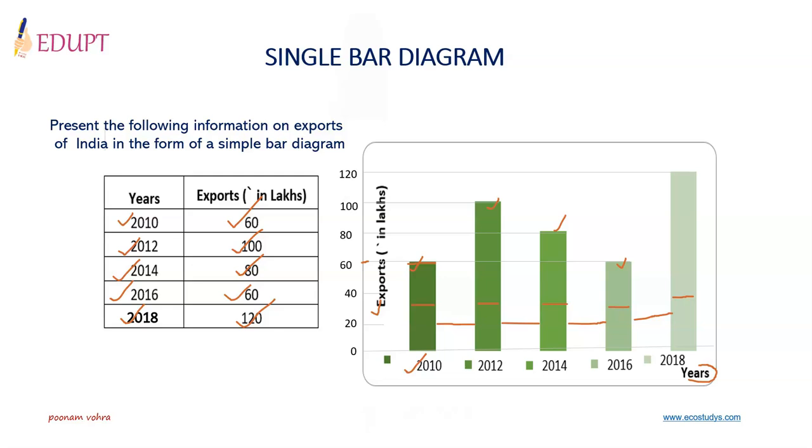So 2012, again the same width which is to be taken in the case of first bar, and length will be coordinated to 100 lakhs of rupees. Similarly, for the rest years, one can simply coordinate the value, so the length of the bar will vary, but width of each bar remains the same.